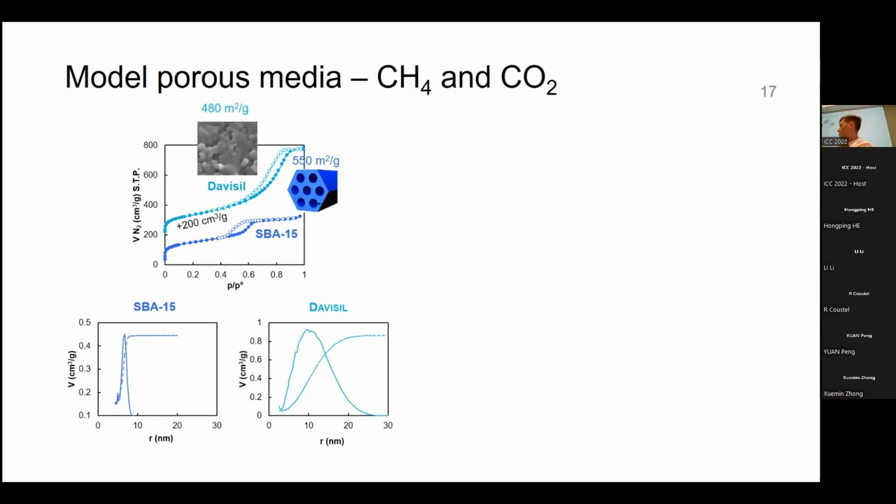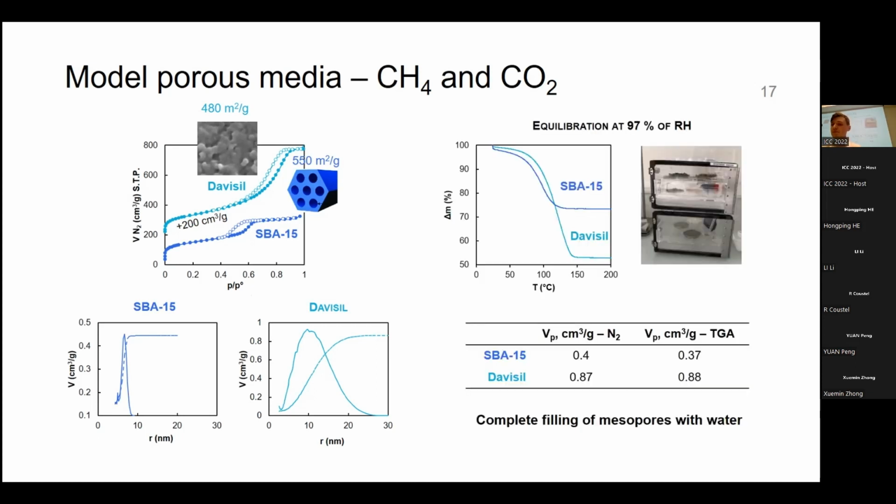So the silicas were equilibrated at 97% relative humidity in the desiccator, and by TGA we measured water content in the samples. And actually, a perfect agreement between water content from TGA and pore volume from adsorption measurement signifies that under these conditions, both media are saturated with water.